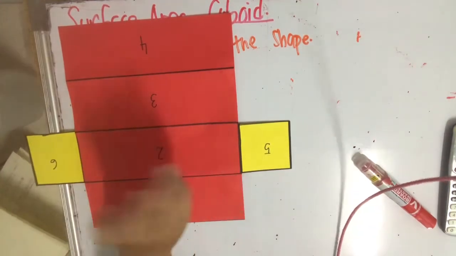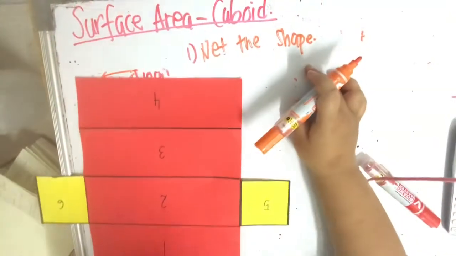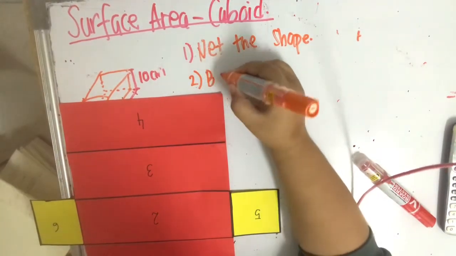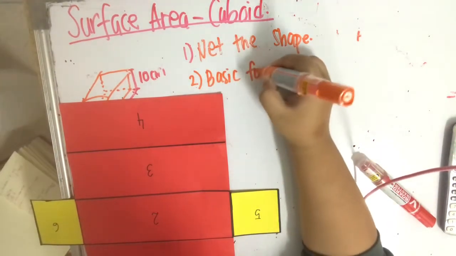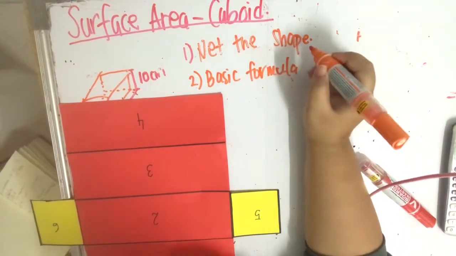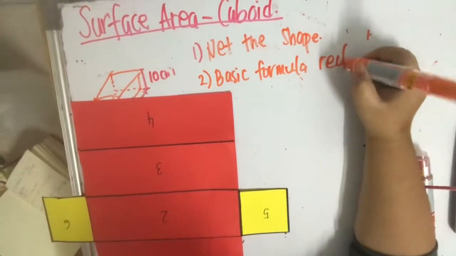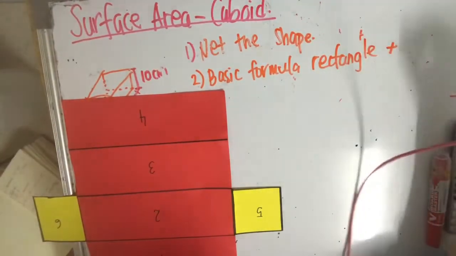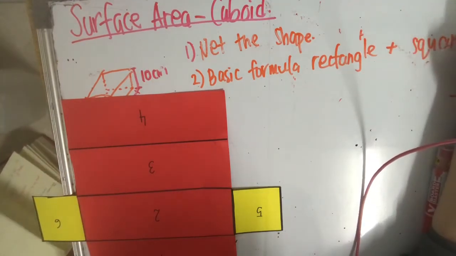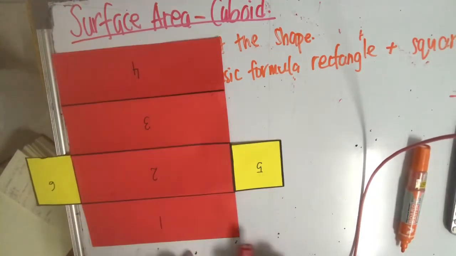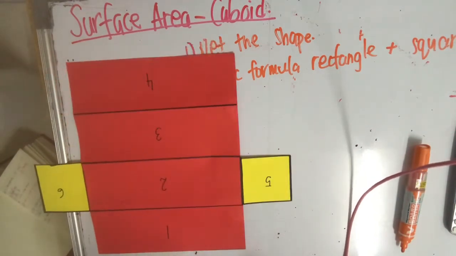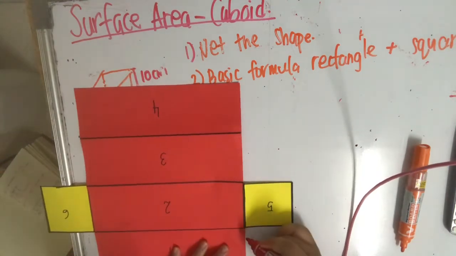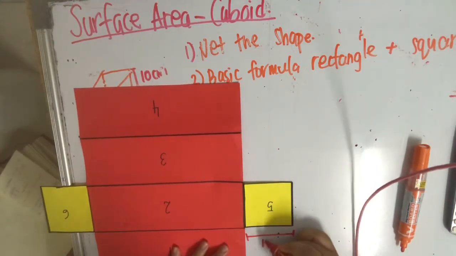Once you have netted the shape, the second key point is the basic formula for rectangle and square. Remember, here from this to this is 10 cm.